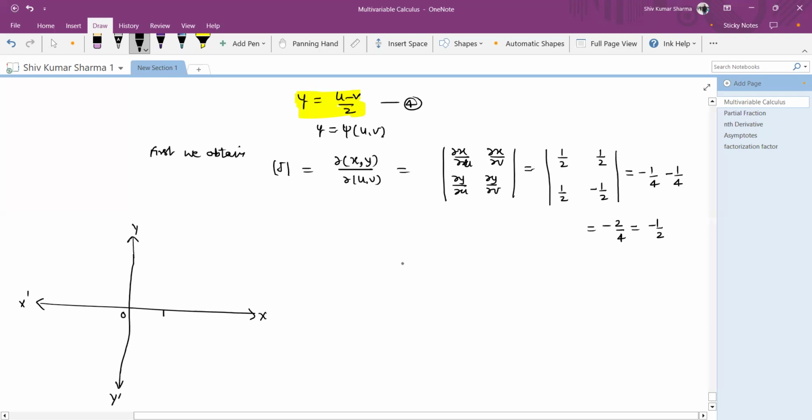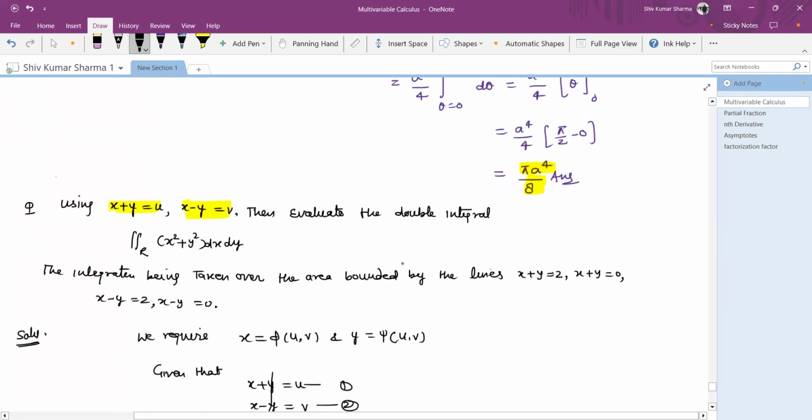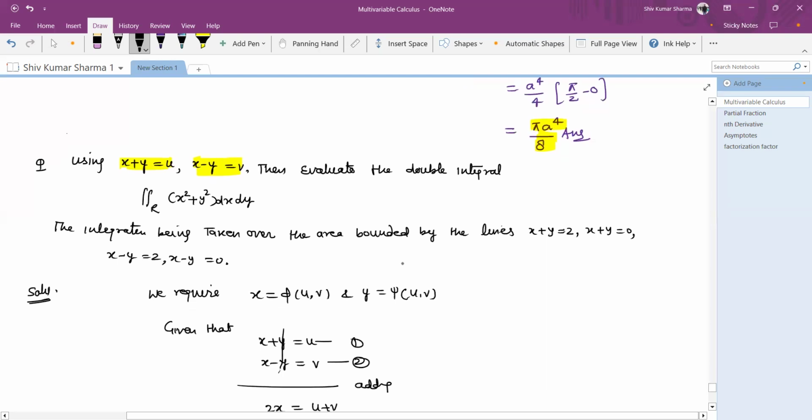We take a scale: here we have taken 1 and 2, and also minus 1 and minus 2.